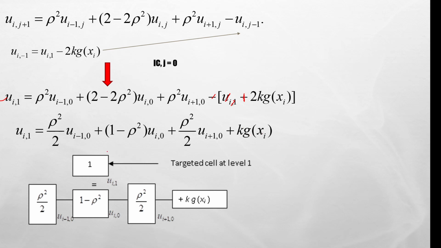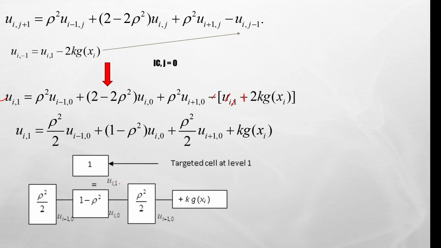Then from here, you can draw the molecule. We obtain 1 time of u_{i,1}. So this 2-level molecule is only specific for level 1 only.